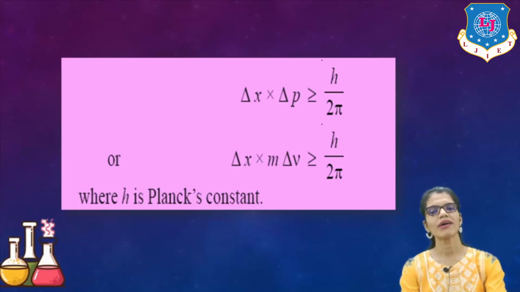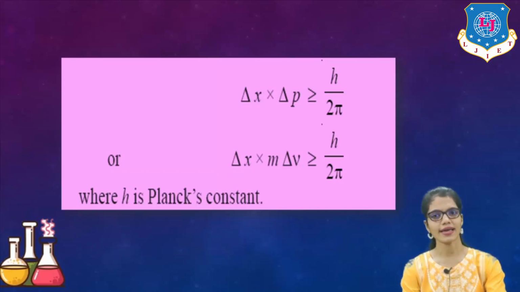We can write this as delta x times m delta v, as we know that the velocity of a moving object can change, but mass will not. So here we take mass as a constant and we change delta v, the velocity.